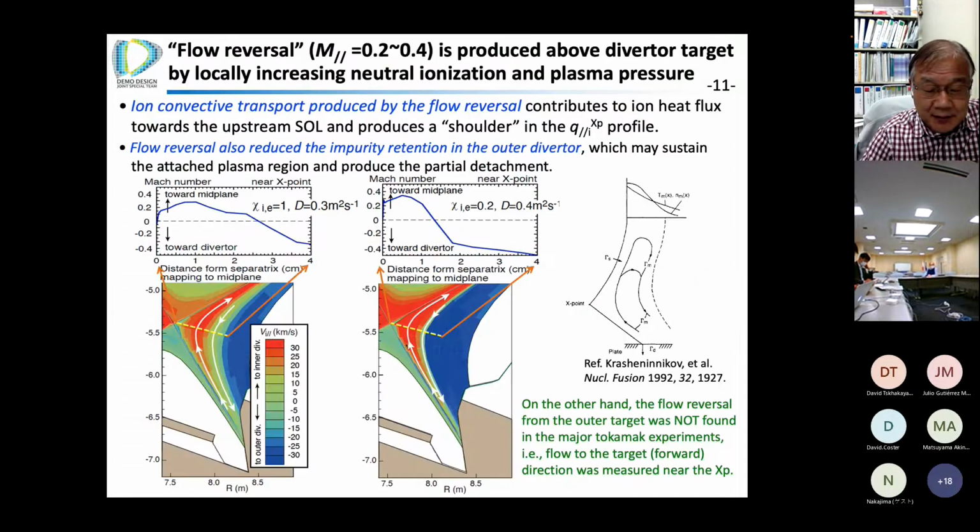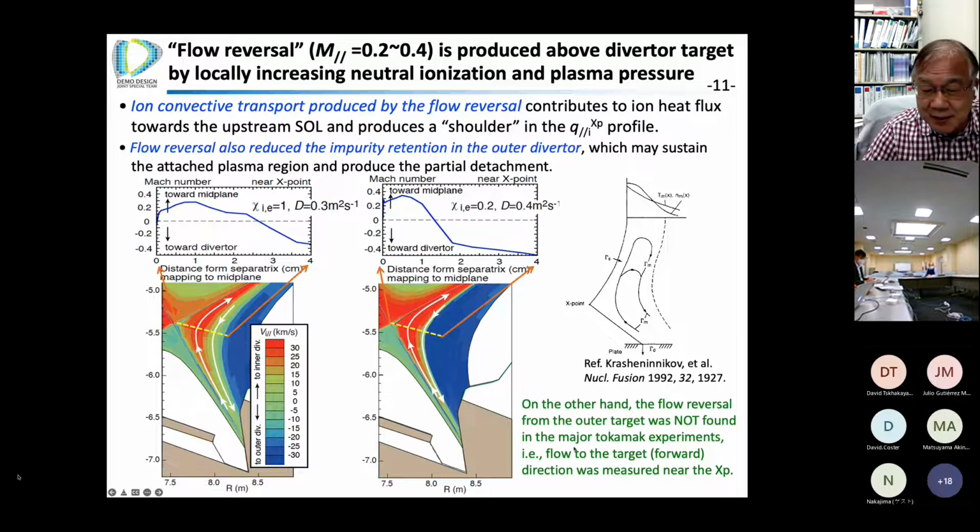At the same time, this flow reversal transports the impurity to the upstream. Therefore, the problem is that partial detachment appears, most likely due to one of these reasons. But it is noted that in the experiment, we don't have any measurement.